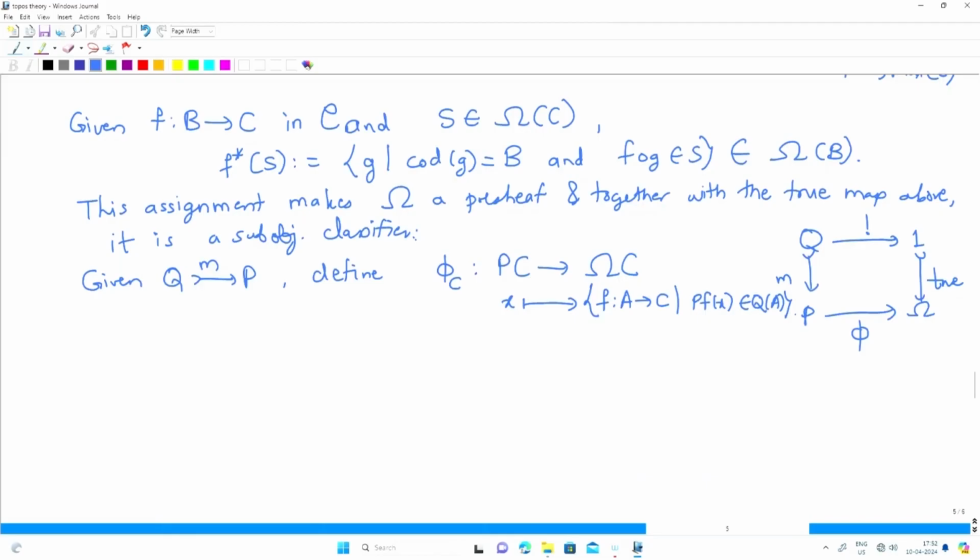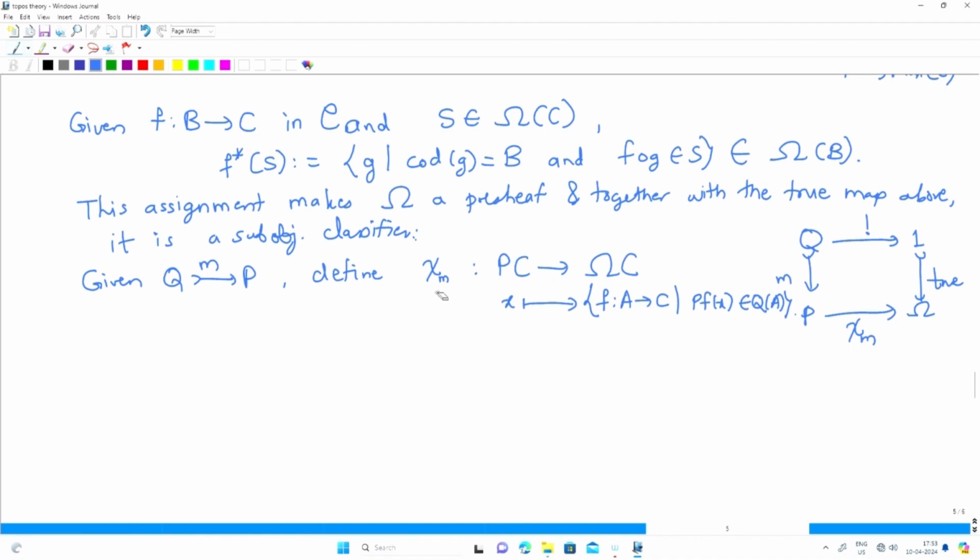For each such element, we have such a map. So this is a sieve. And this particular assignment is the characteristic function. I could have called it, let me call it just chi. Omega of C is a set.